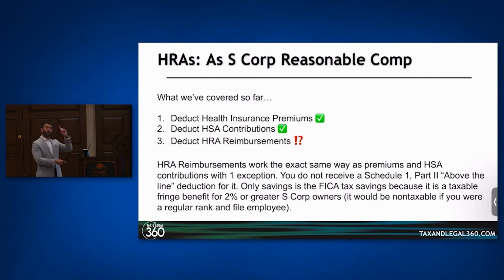That goes all the way back to when I was highlighting that. The reason I did all of that for you is so that you can see why it doesn't work this way. It's because an HRA is a fringe benefit, and so this is the way I have to treat it. The reimbursements would be non-taxable if I was a regular rank and file employee and not a 2% or greater S Corp owner. Okay.